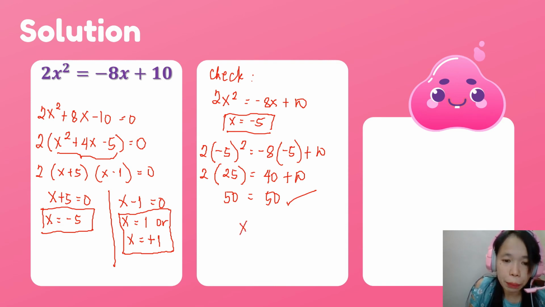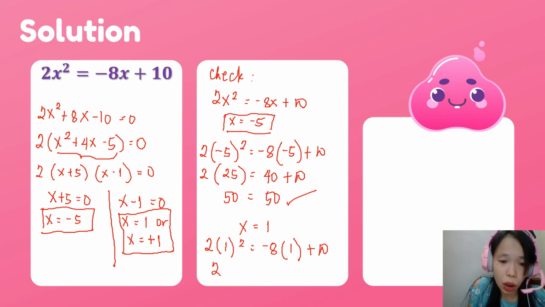Next, we have x is equal to positive 1. Again, we're going to use the original equation and then substitute 1 to every variable x on your equation. Ayan. So we have negative 8, substitute 1 to your variable x plus 10. So solve. 2 times 1 raised to the power of 2 is saying 1 times 1, and that is 1.